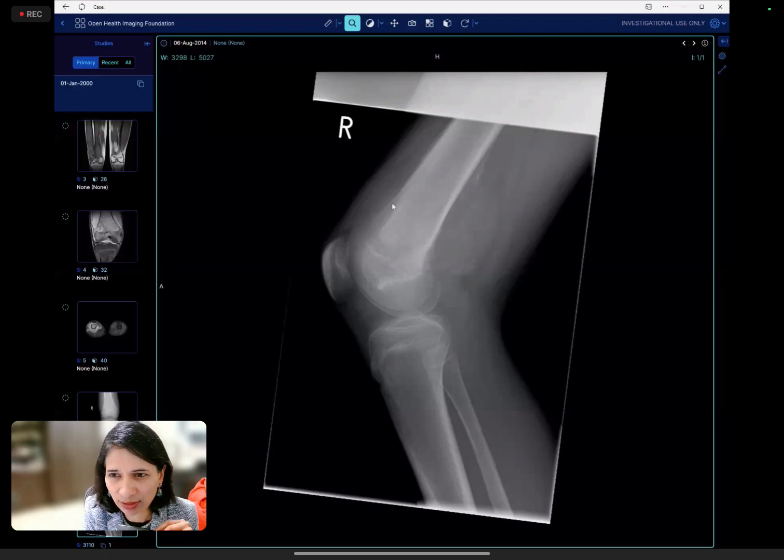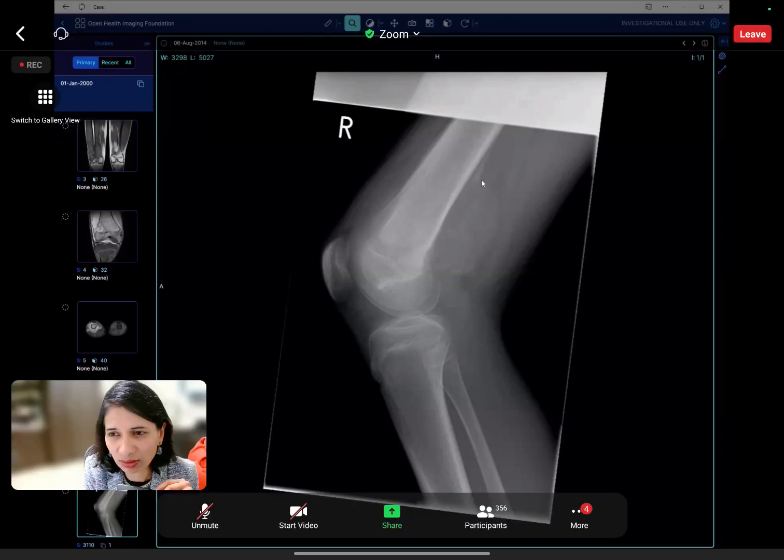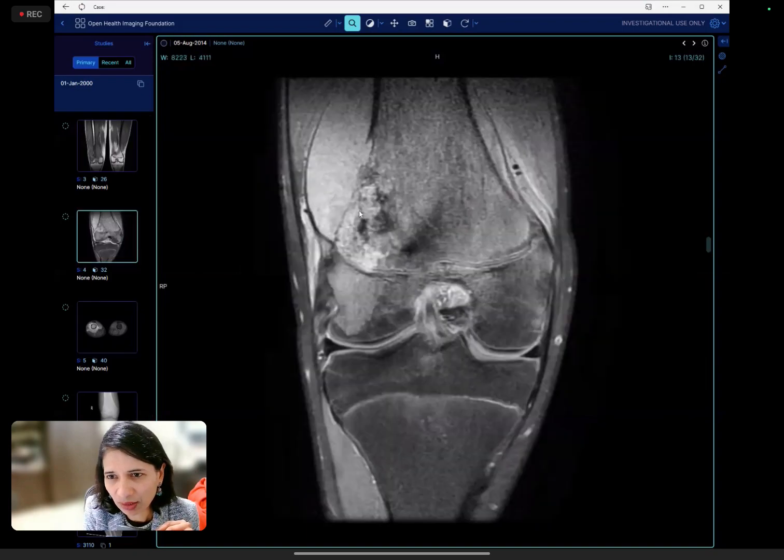Whenever you have periosteal reaction that is very immature and raised, that is because the bone is not able to cope with the aggressiveness of the lesion, and therefore the periosteum doesn't have time to get laid down.